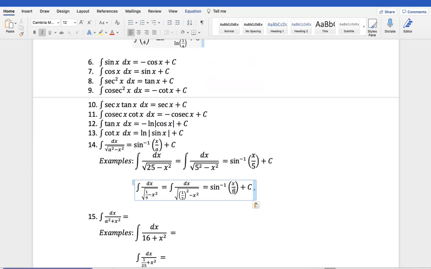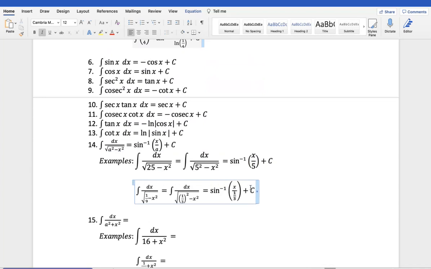So we have sine inverse of x over 1 over 3 plus c, which can further be simplified to just be sine inverse of 3x plus c.